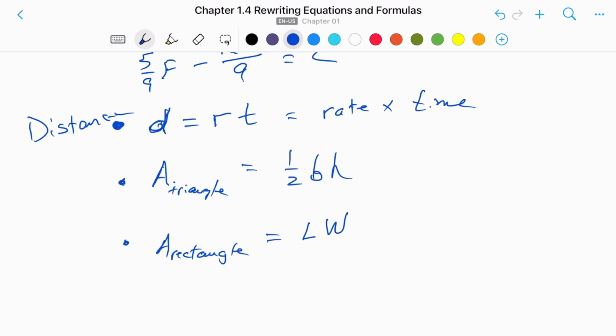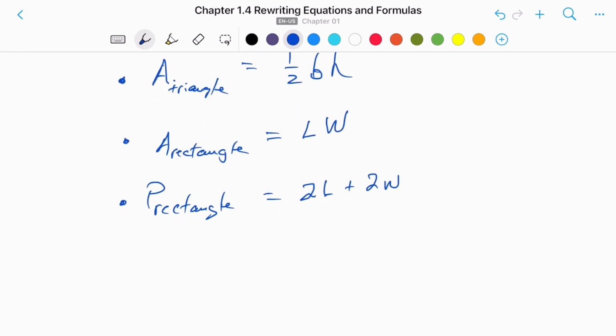And the perimeter of a rectangle is 2L, 2 times the length, plus 2 times the width. Add it together, you got it. And here's another one you might want to know.